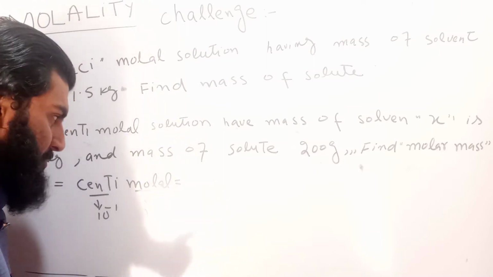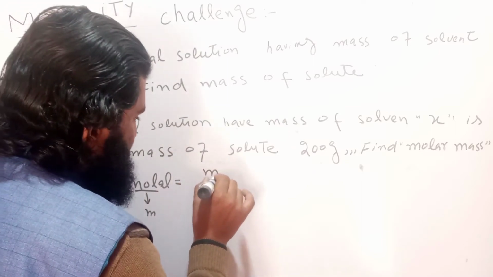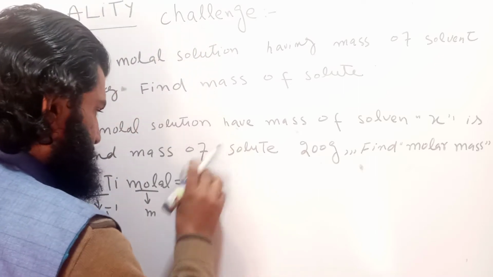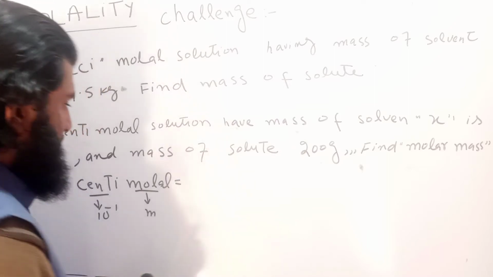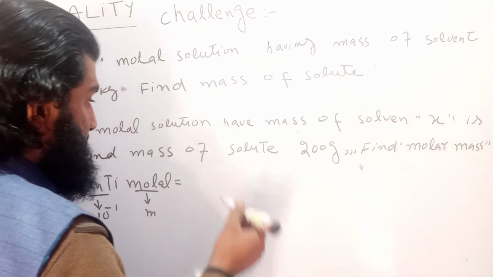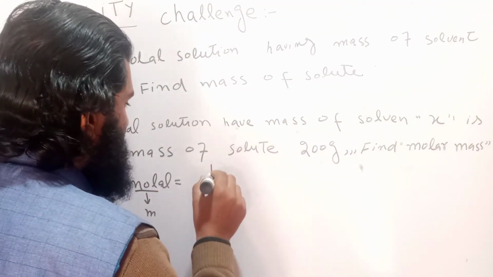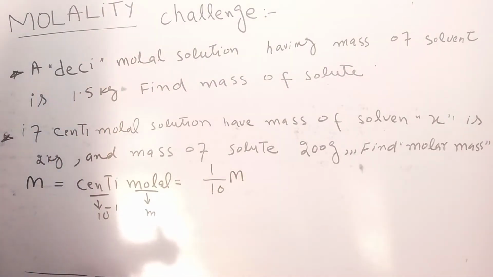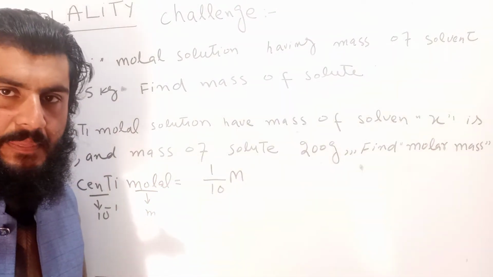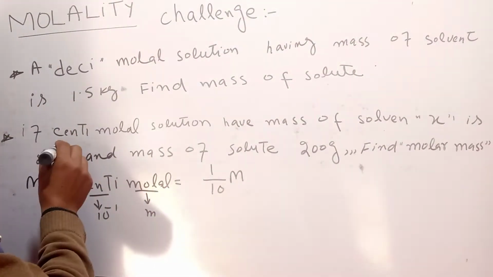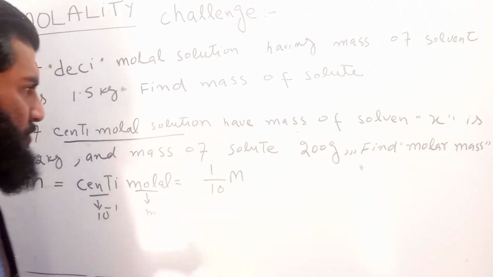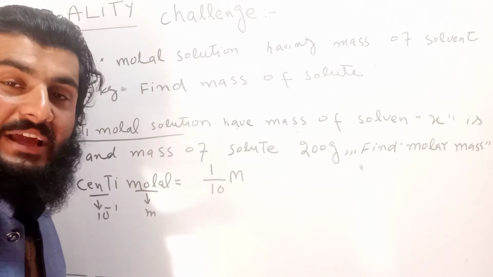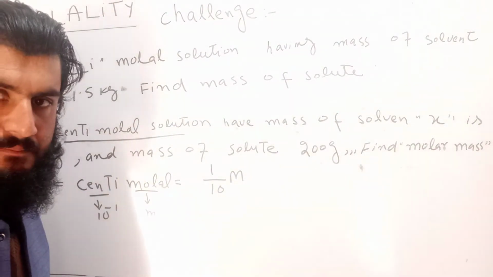So centimolal means molality by 10, which we can write as 1 by 10 molal. Centi means 1 by 10 molal. Here, a centimolal solution means a solution whose molality is 1 by 10 molal.